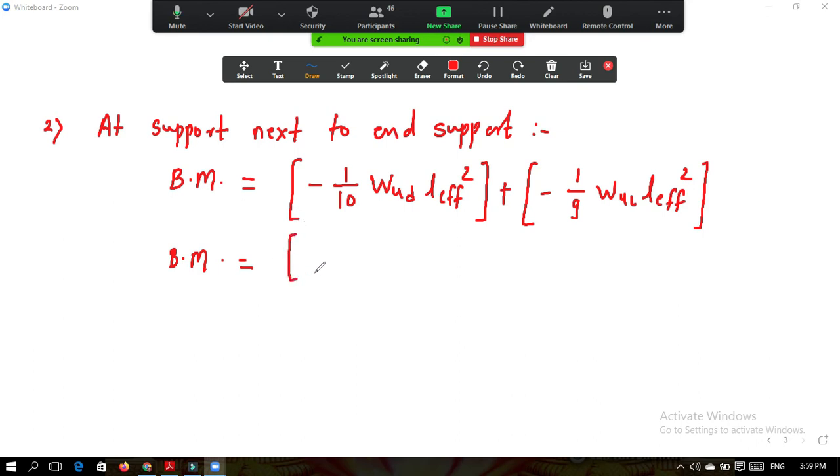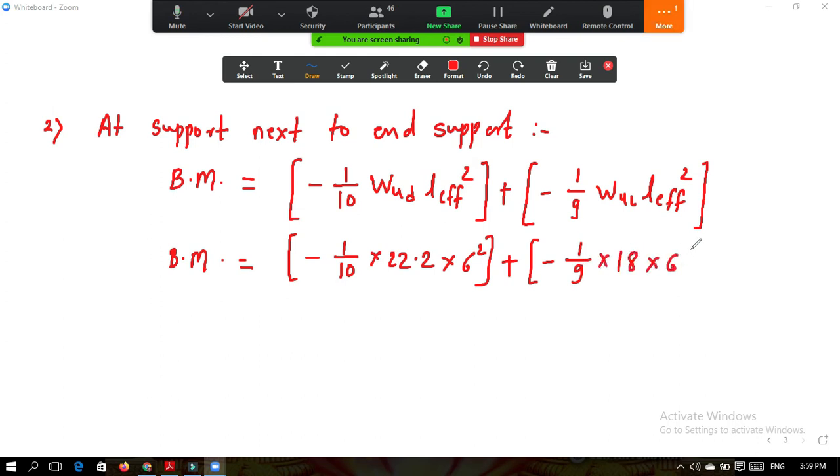So what was the value? Minus 1 by 10 into dead load was 22.2 into 6 square, plus that is minus 1 by 9 into 18 into 6 square. You do the calculation, you will get the answer.